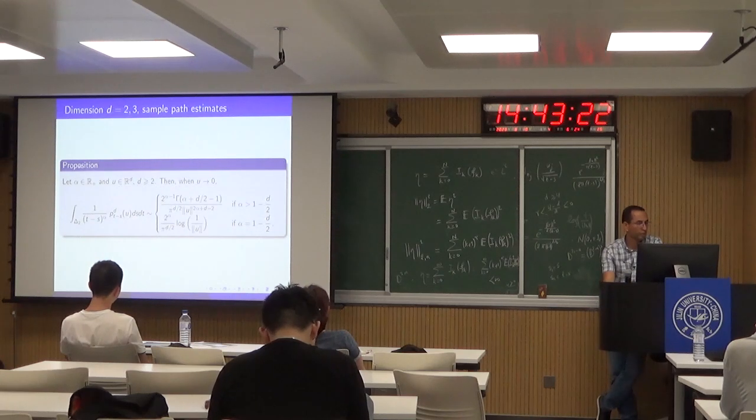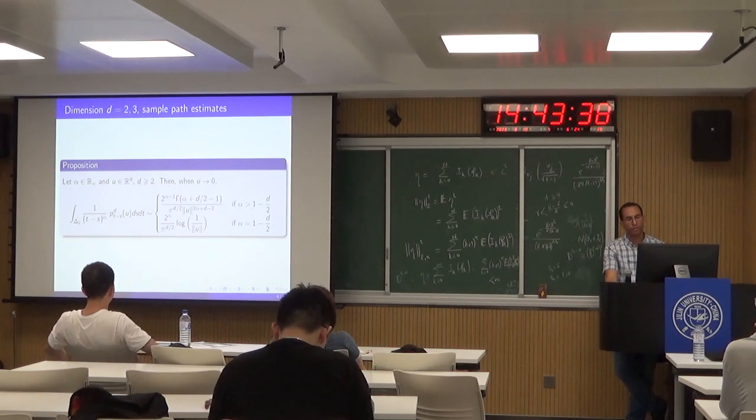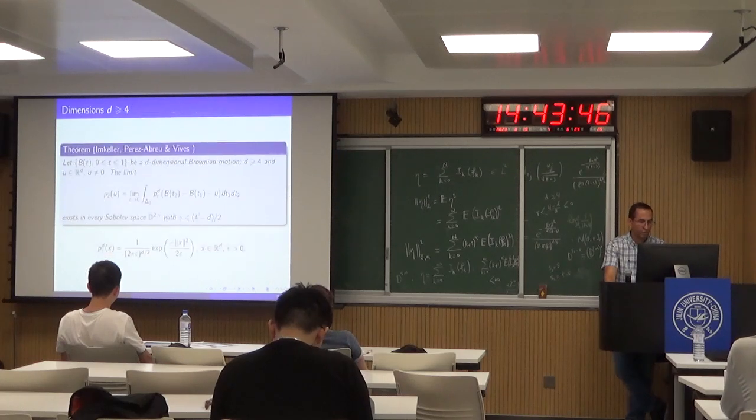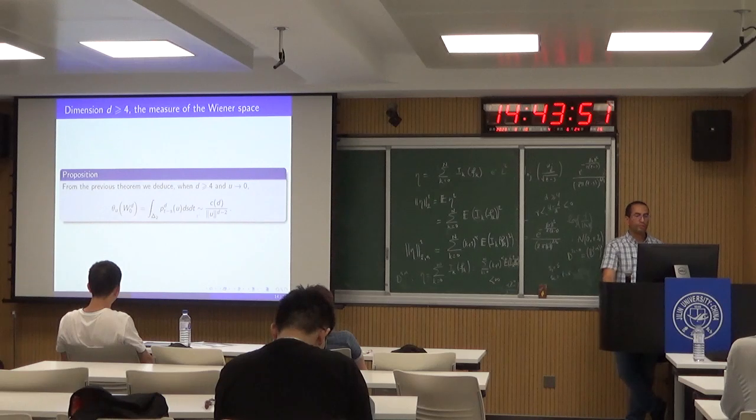So if you take here alpha equal to 0, you will find exactly, we are in this case, because we have the d delta equal to 4, so we just replace alpha by 0 and you will find some constant divided by the norm of u to the power d minus 2. And from here we can also think a little bit.